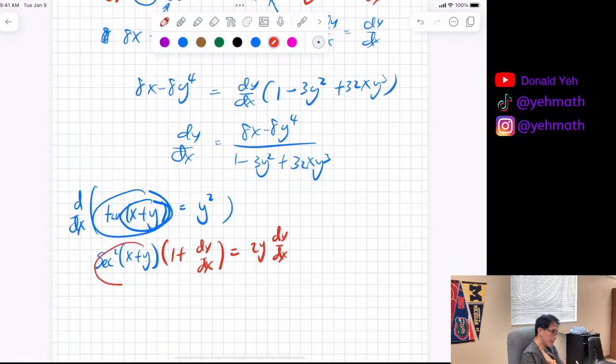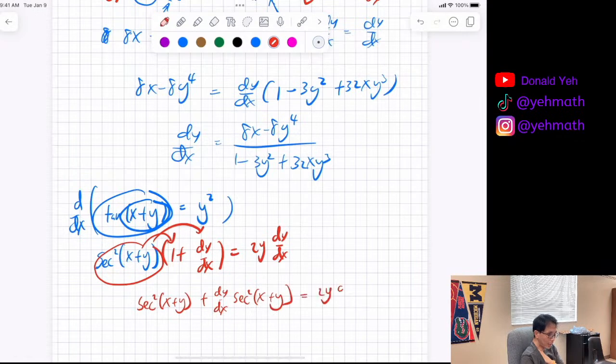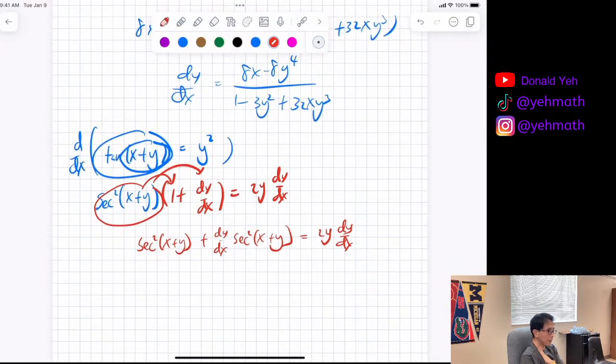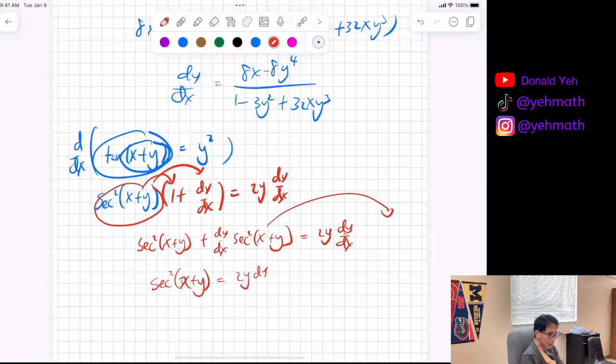Now this can distribute here. The whole thing is going to distribute. So it's going to be secant squared of x plus y plus dy dx times secant squared of x plus y, equal to 2y dy dx. Is that okay? Now dy dx is on two separate terms, so I'm going to move this term to the other side. So secant squared of x plus y is equal to 2y dy dx minus dy dx secant squared of x plus y.